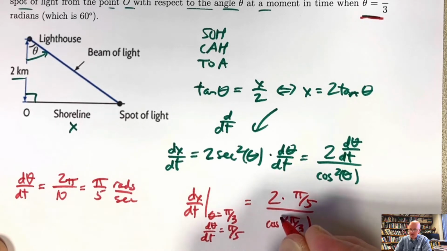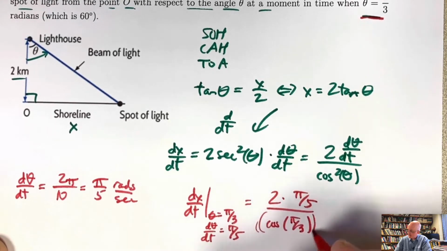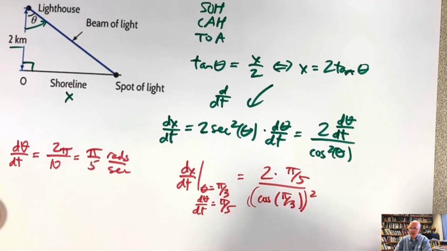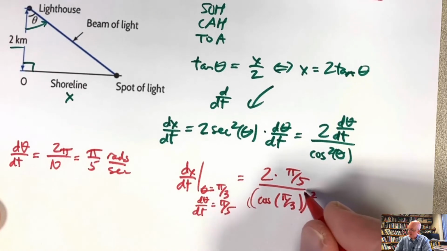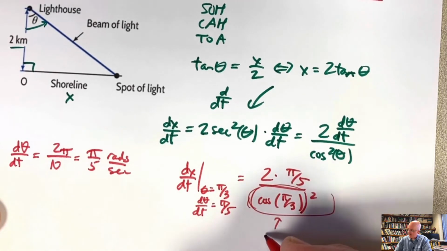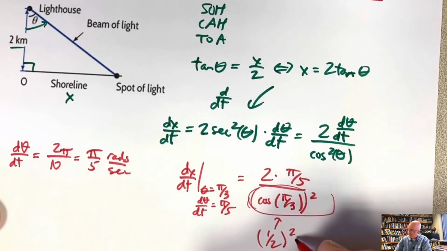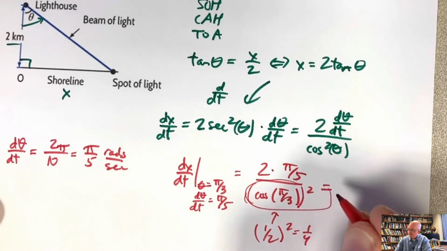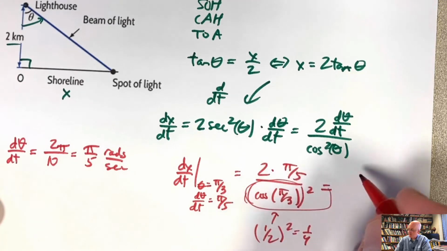I could put the square there. For emphasis, I'll put it outside. That's what this notation means. Cosine of pi over 3, cosine of 60 degrees, is 1/2. This is a 1/2 quantity squared, which is 1/4. And dividing by a fourth is the same as multiplying by 4, so we ultimately get 2 times 4 is 8.